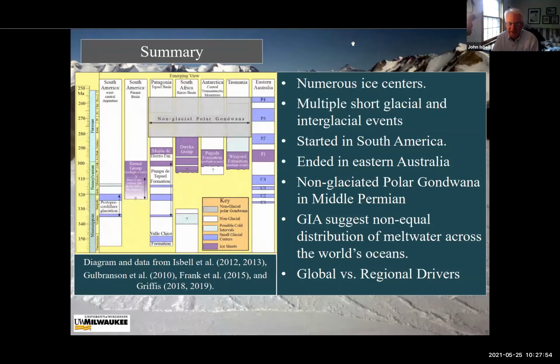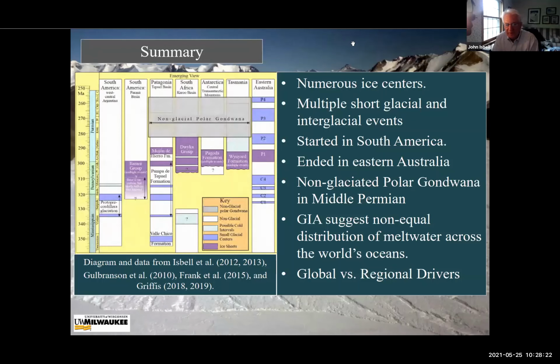And glendonites we tend to think of as cold climate indicators, but there are some recent papers that suggest that they can occur at 20 degrees C. They're currently forming off the coast of Brazil and Nigeria. They form in cold water seeps in California. So I think it was cold.